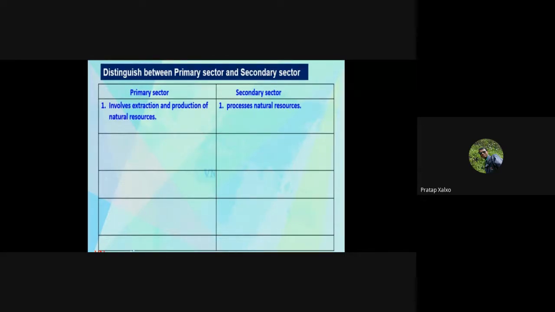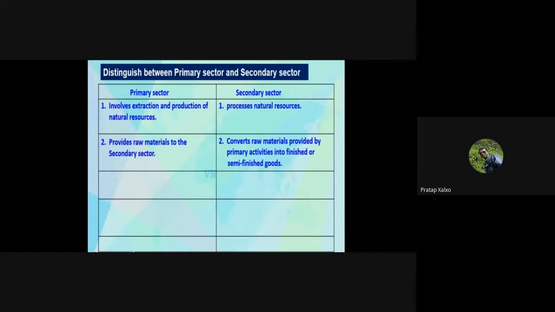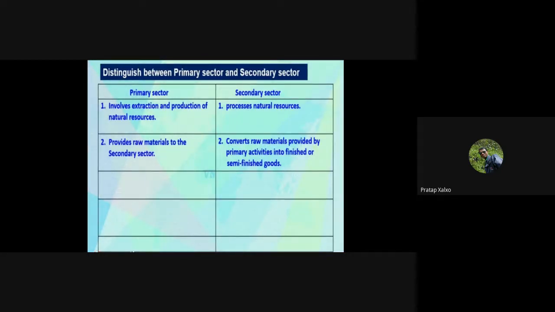So it processes natural resources. Then primary sector provides raw materials to the secondary sector, whereas the secondary sector converts raw materials provided by primary activities into finished goods or semi-finished goods.